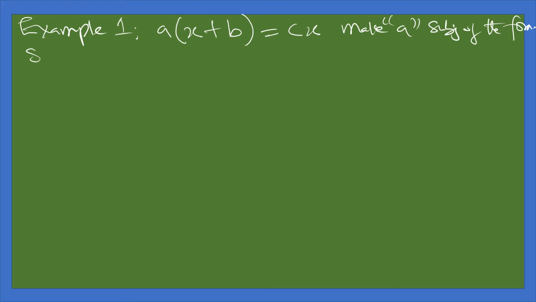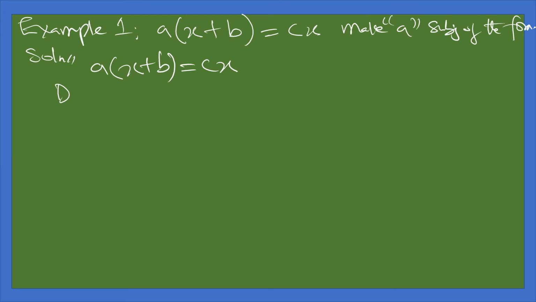Now solution, what this means is that you should make a stand alone. So we have a into x plus b equal to cx. Now, we have an expression that is in front of a, but we want a to stand alone. So very easy. What do we do to take this off?